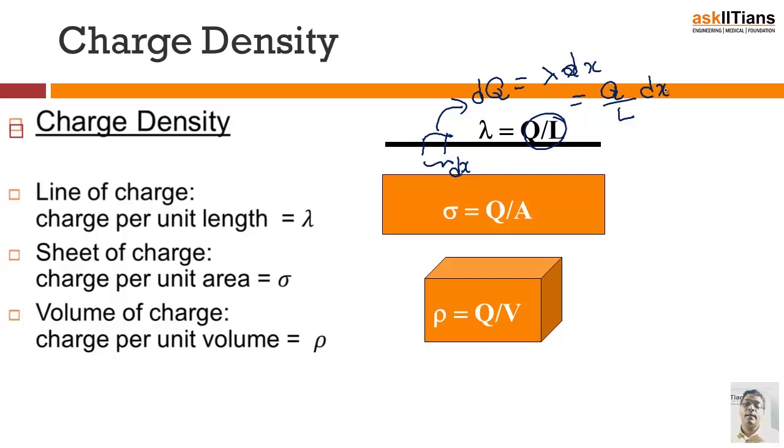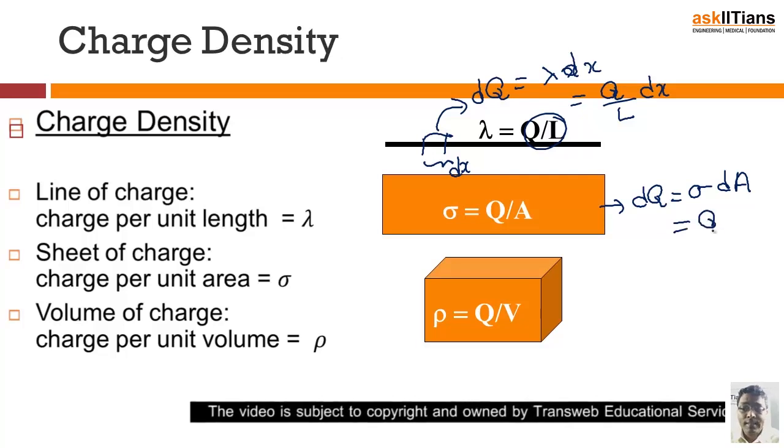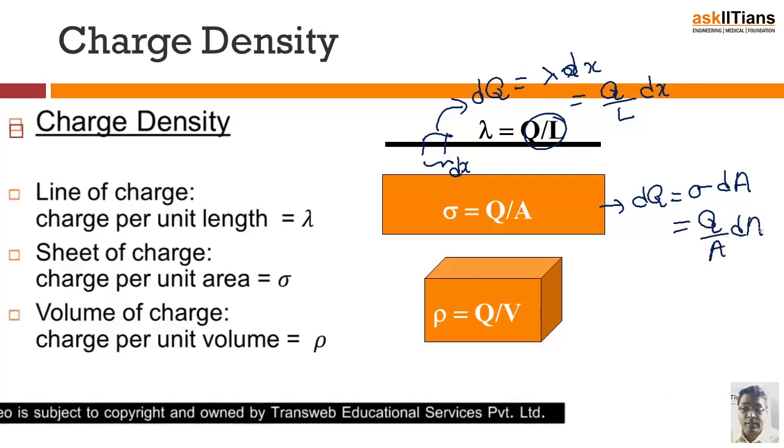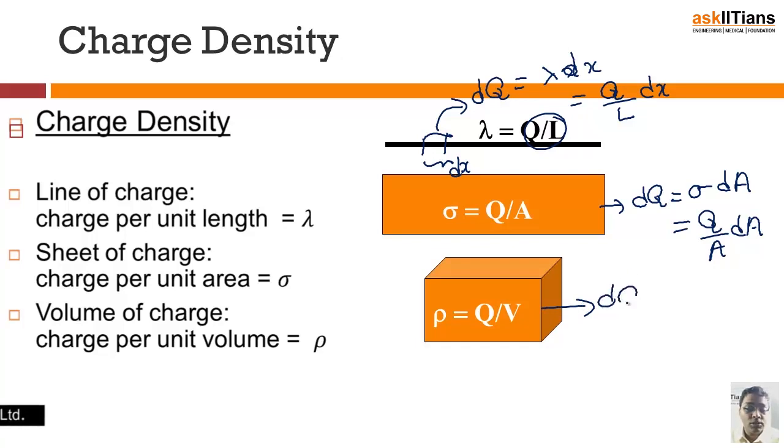In a similar manner, if you take a small area here, dq you'll say is sigma into dA, dA being the area. This can also be written as Q over A into dA. For the case of volume, you'll say the charge dq can be written as rho dV. This can also be given by Q over V dV.